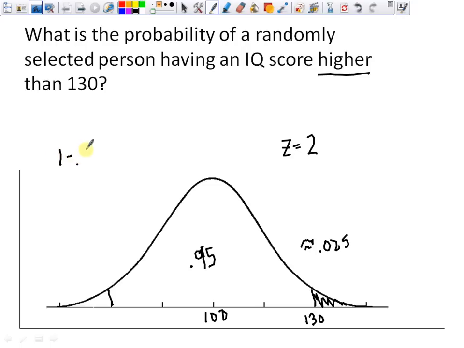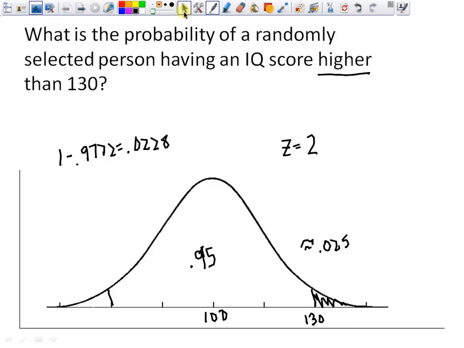So 1 minus 0.9772 is 0.0228. And notice that that's pretty close to what we got using the empirical rule. The empirical rule is an approximate, and using the z-table will give us a more accurate answer.